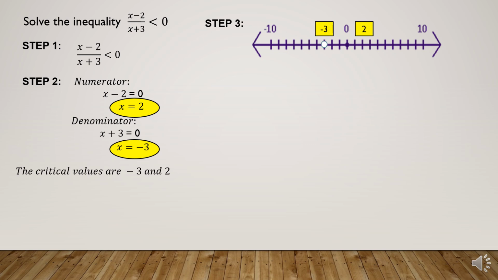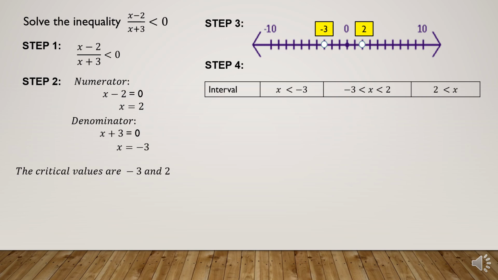Now, let's go back to the given inequality. What is the symbol of inequality? You have observed that the given inequality is less than. So it means that we will use an open circle for our numerator. After this, we'll now proceed to step number 4.